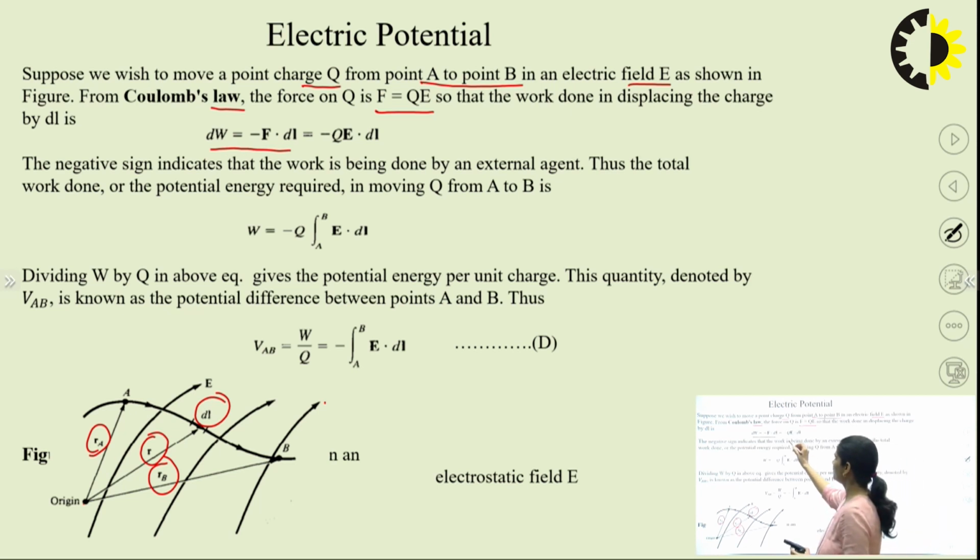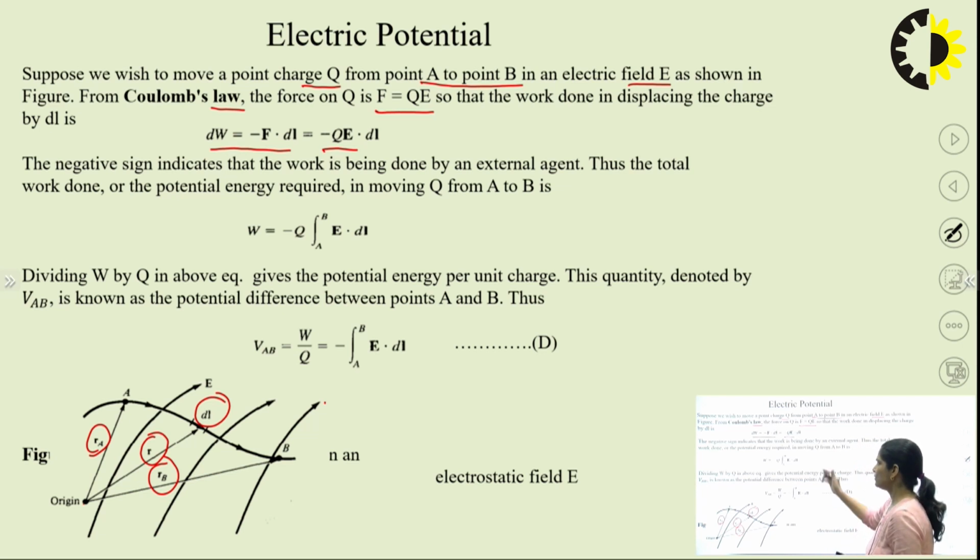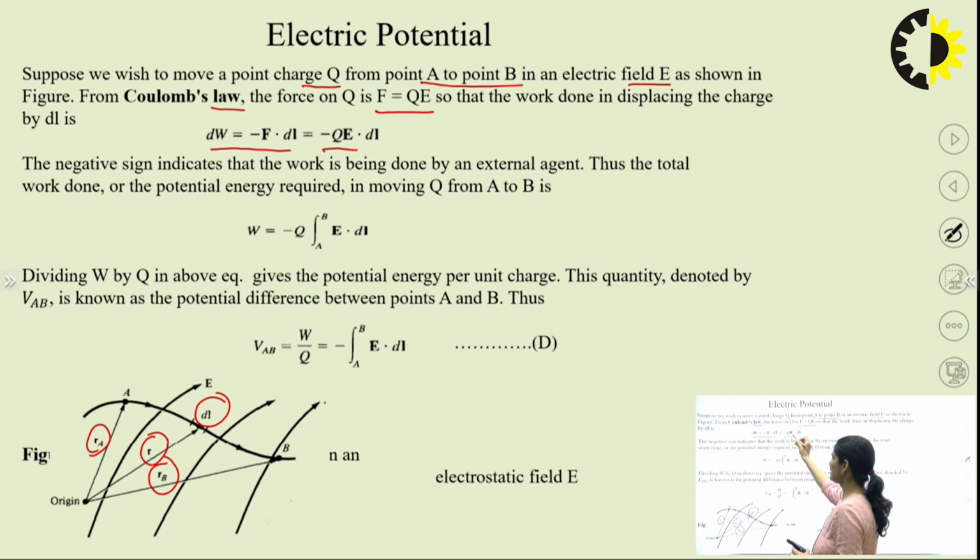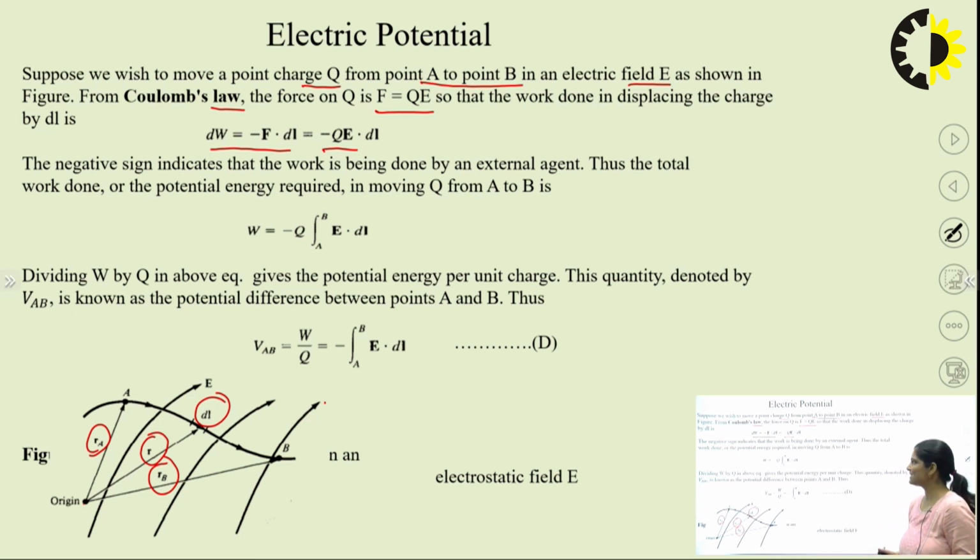Put the value for F, that is QE, and you will get dW equals minus Q E dot dl. The negative sign indicates that work is done by an external agent.